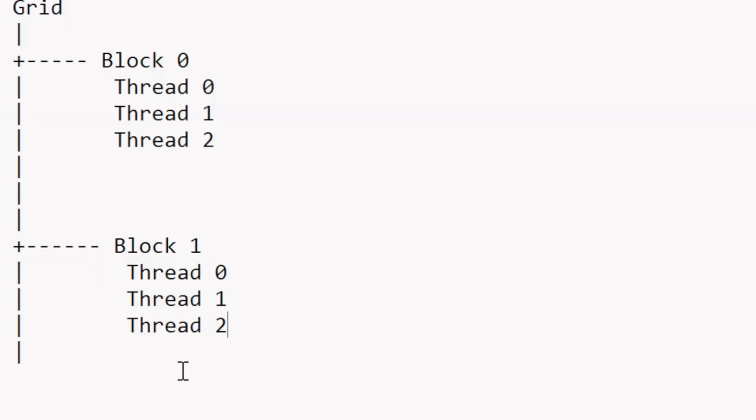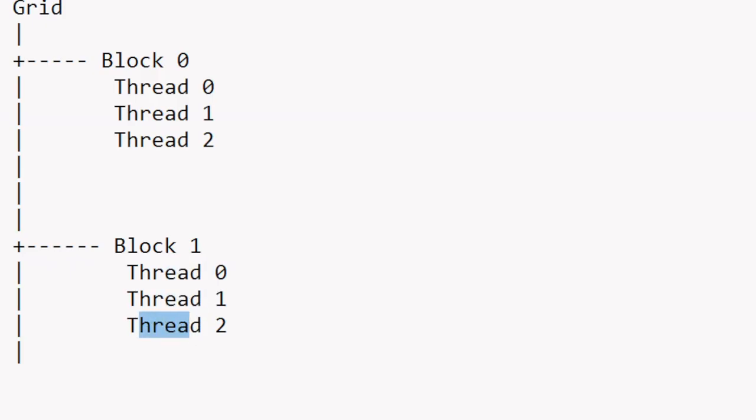So notice something important here. Thread numbers start at 0 inside each block. This means that block 0 has thread 0, thread 1, and thread 2. Block 1 has thread 0, thread 1, and thread 2.